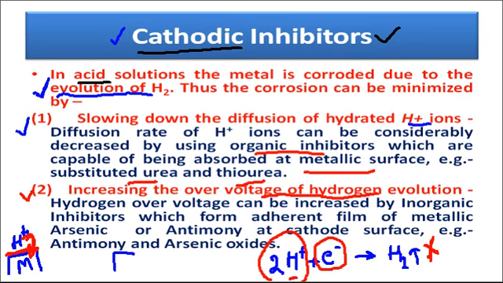So how can we increase the over voltage? Hydrogen over voltage can be increased by inorganic inhibitors, which form an adherent film of metallic arsenic or metallic antimony at the cathodic surface. For example, arsenic and antimony oxide.